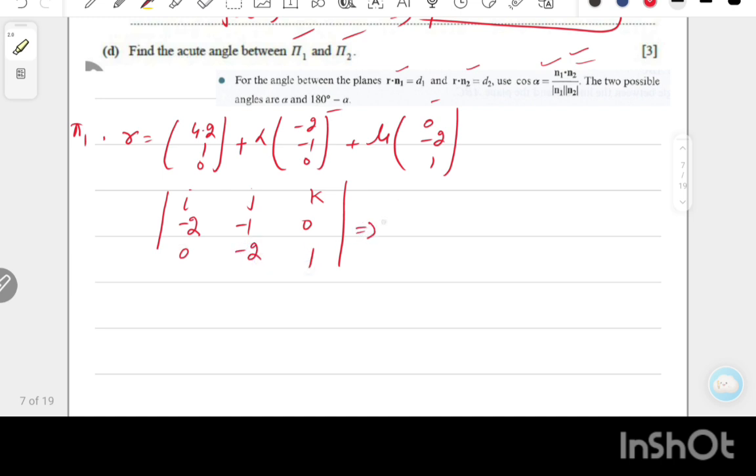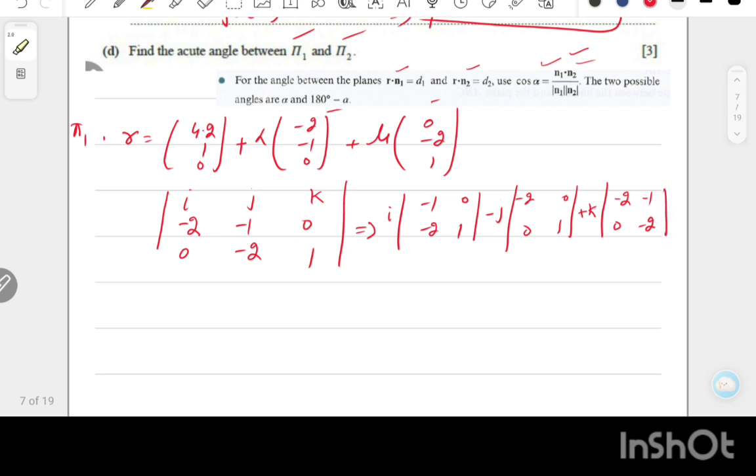When we multiply these terms: minus 1, 0, minus 2, 1 for i, minus j times minus 2, 0, 0, 1, and for k, minus 2, 0, minus 1, minus 2. After multiplying these two terms, we get minus i plus 2j plus 4k.